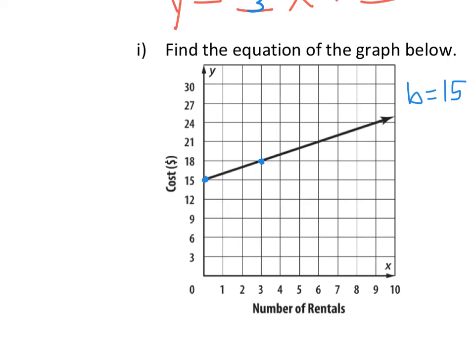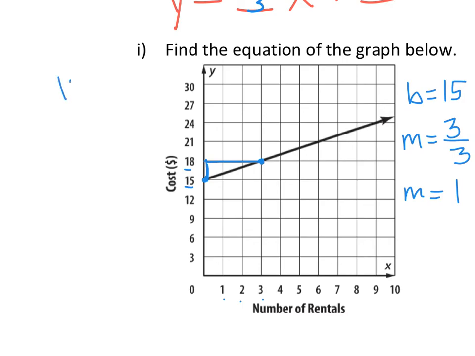Here, we're going up one block, but remember, up and down, I'm going from 15 to 18. So I'm going up 3, because I'm going up, it's positive. And I'm going right 3 units. 1, 2, 3. So our slope is 3 over 3, which equals 1.